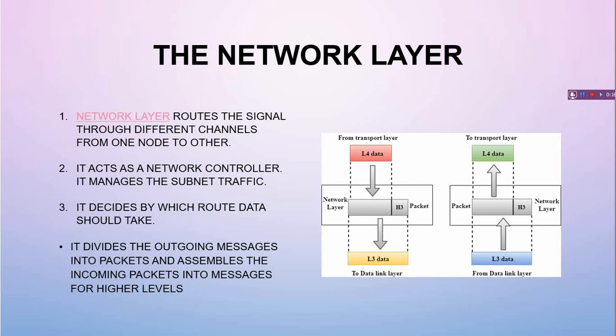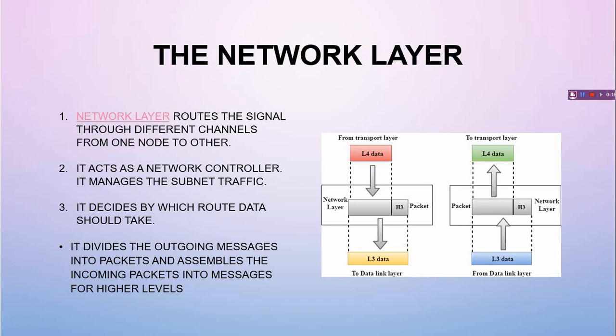It divides the outgoing message into packets and assembles the incoming packets into a message for the higher level. Means the main function of the network layer is that it manages the subnet traffic and decides by which path the data will travel in the network.